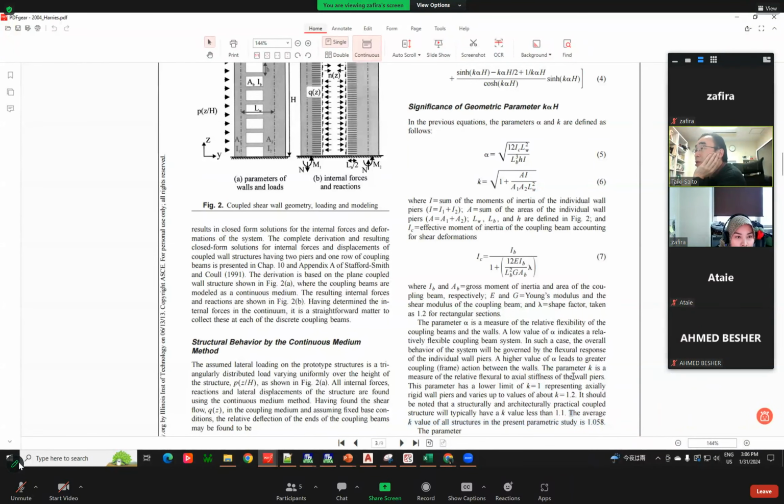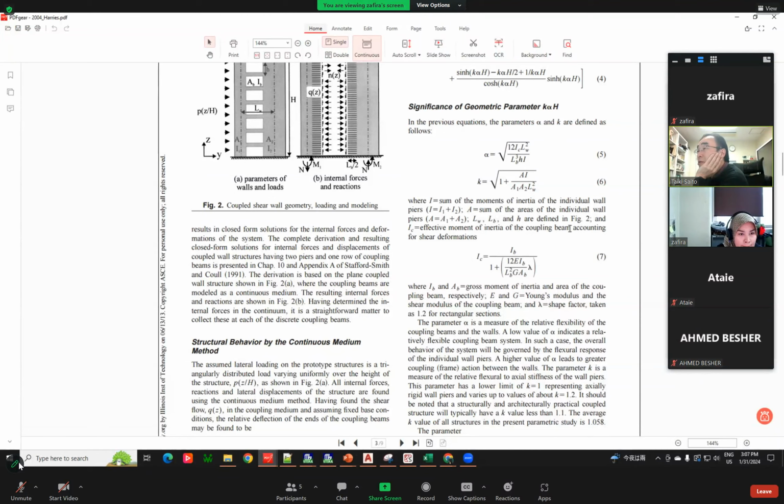But equation 6. This also, A is based on the area of the wall. This one. And then A1 is wall 1 and A2 is wall 2.